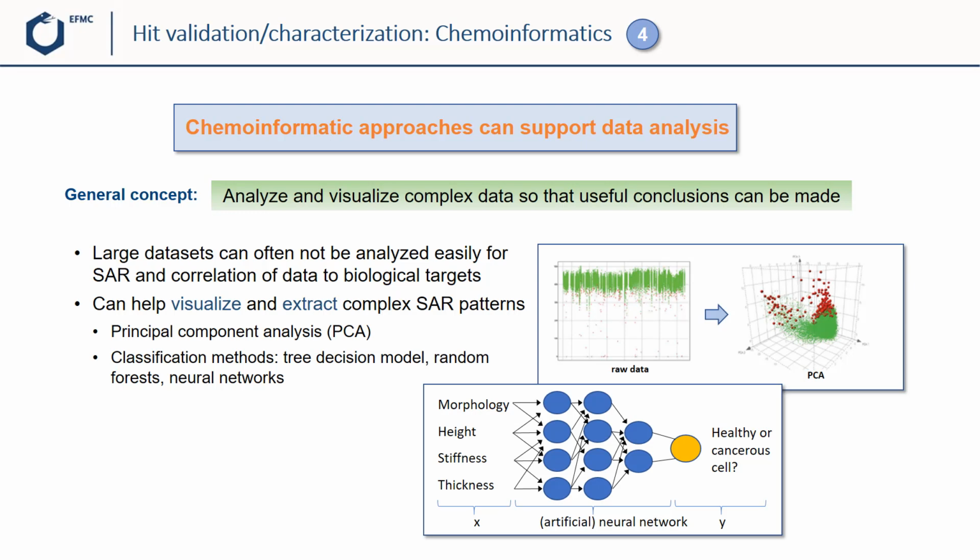For these neural networks, models are built to optimize the correct classification of the training set and then test data is applied to that network. In the example in the box, several cell aspects are analyzed, and the network is then interrogated if a cell, for example, is still healthy or cancerous. We are going to see more chemoinformatic topics later in the mechanism of action elucidation part of this webinar.